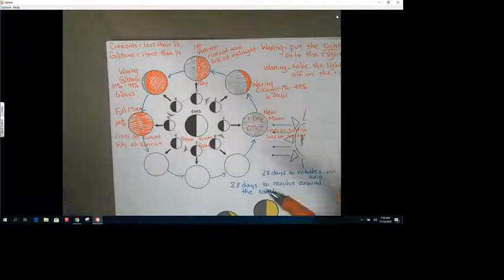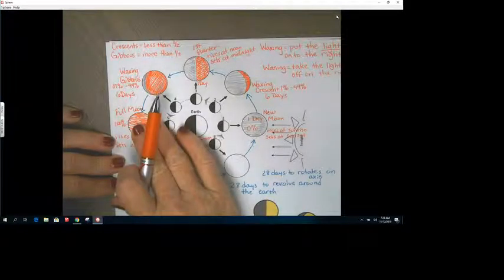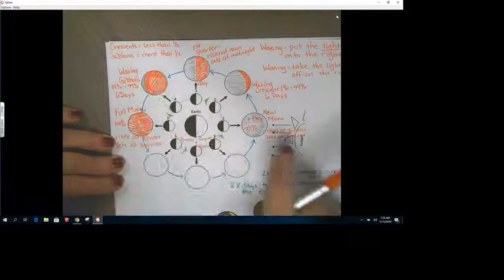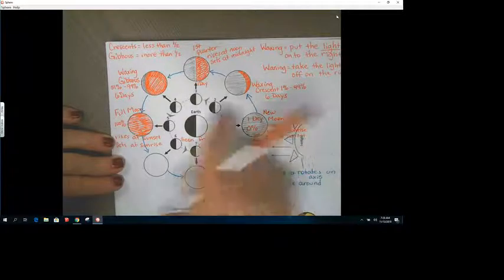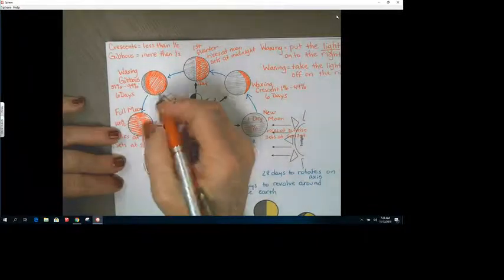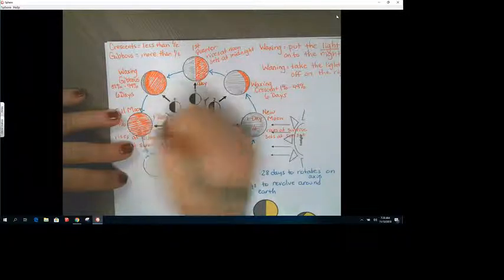Okay? So full moon, we have done half of a revolution, and it's taken us a total of 14 days to go from a new moon to a full moon. Full moon occurs one day.